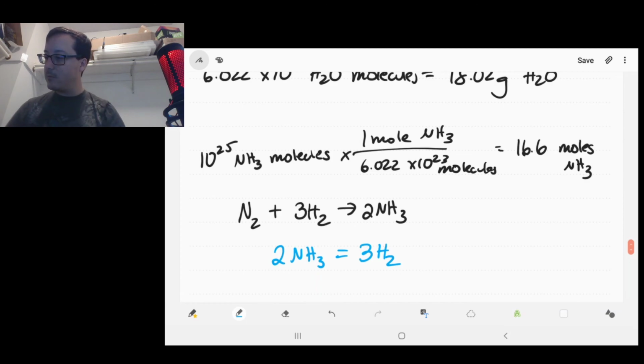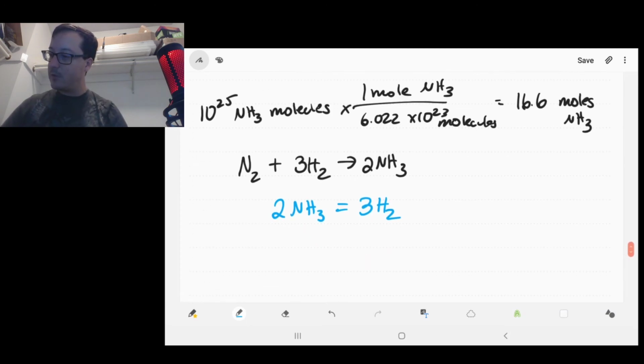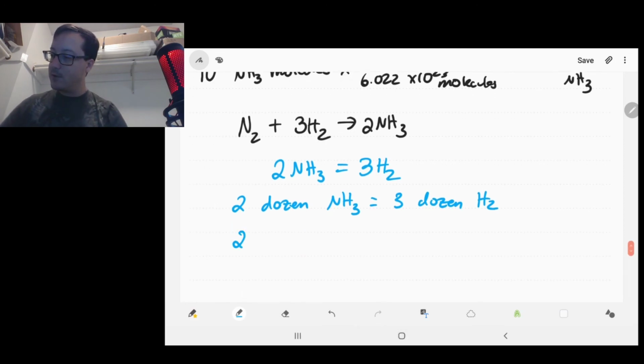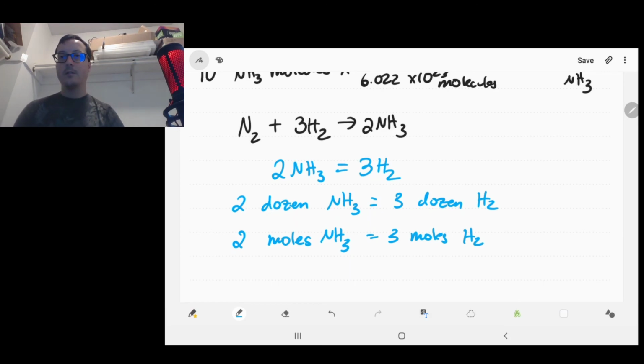And so I could also say, well, 2 dozen ammonias, I would need 3 dozen hydrogens to make that. Or I could say 2 moles of ammonia and 3 moles hydrogen. And so this is going to be a little bit easier for us because now we have conversion factors that are going to be very useful to us.